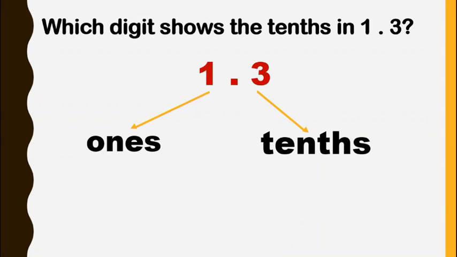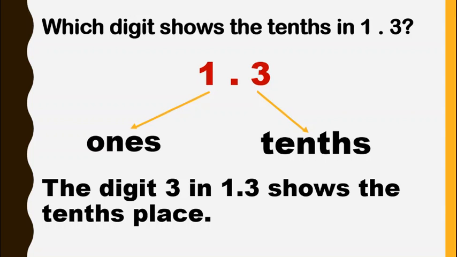So 3 is what we call tenths. So we can say that the digit 3 in 1.3 shows the tenths place.